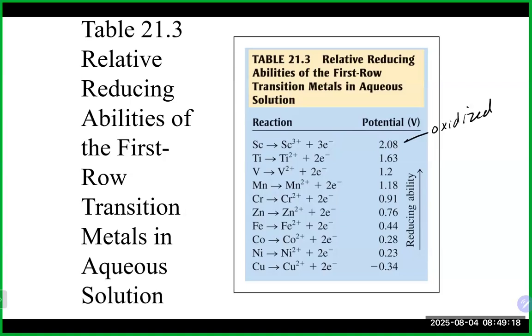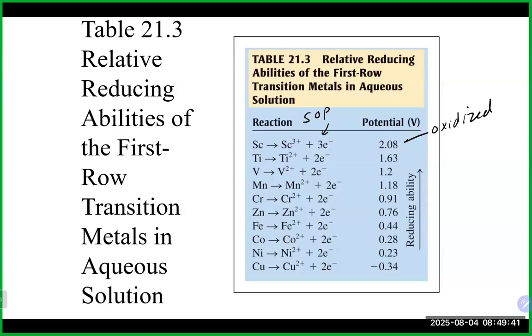And you may say to yourself, but isn't the one that's more positive going to be reduced? And the answer is yes, except that all these are not standard reduction potentials. These are standard oxidation potentials, as these are all oxidation reactions. So these are all oxidation reactions, different than the SRP table that we've been using in the last chapter.